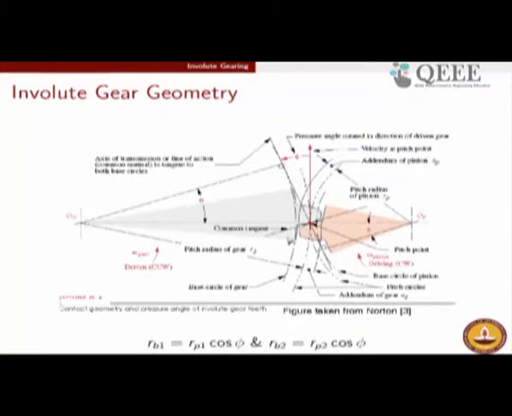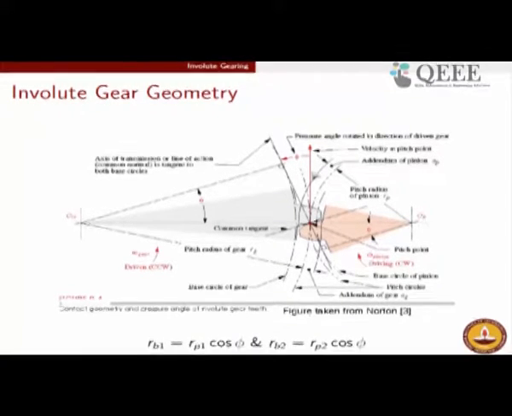Therefore, the pressure angle can also be described as the angle between two tangents. One is the common normal, which is also the internal tangent to the base circles, and the other is the common tangent to the two pitch circles. This angle is called the pressure angle.